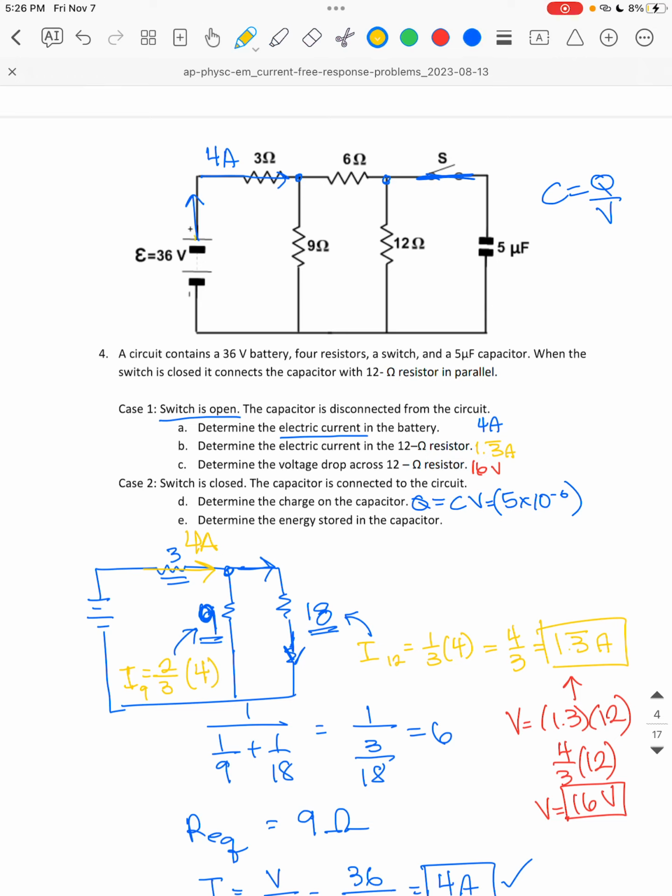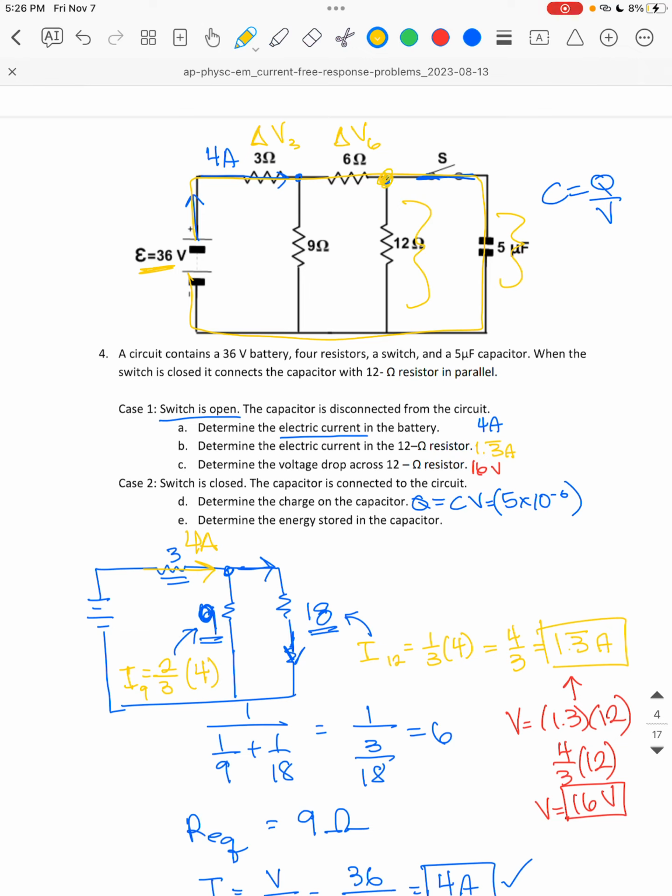in this loop right here, we have some voltage dissipated through the 3 ohm, some voltage dissipated through the 6 ohm before this capacitor can fill up with charge. So what I can do is figure out what these 2 voltage drops are and take that remaining voltage out of the total 36 and plug that into my V. Or I can look for the voltage across the 12 ohm resistor.